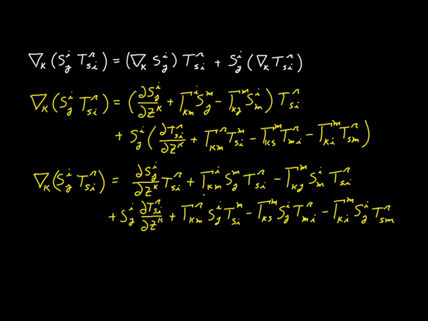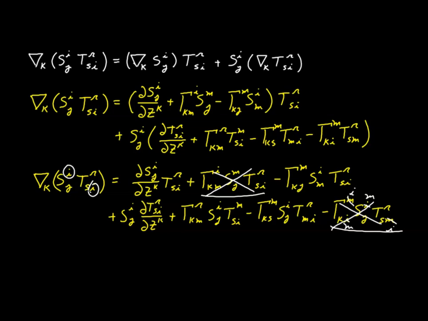So now take a look at this term and this one, and notice that if we rename m to I and I to m in this term, these two terms will be exactly the same except they're opposite in sign, so they will cancel each other out. And the reason that happens is because we have a contraction going on with index I here.